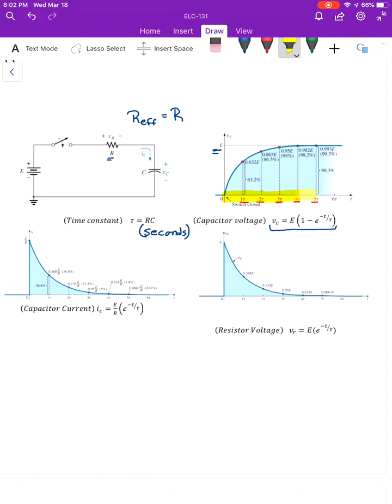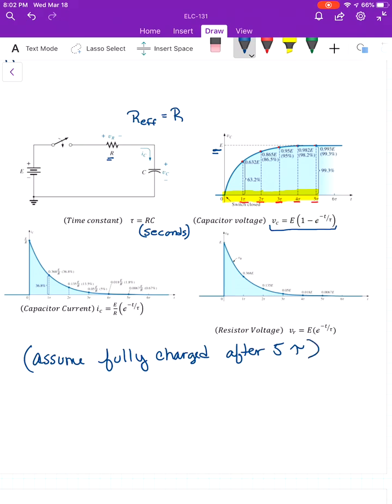And then, of course, at 5 seconds, we are at 99.3% of the final, and we actually assume that we are fully charged or at steady state after 5 time constants, or 5 times tau.